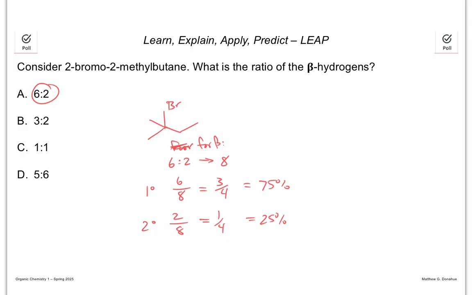Statistically, 75% of those protons are primary, 25% are secondary. Again, we can alter where the base is going to abstract by looking at the bulkiness of that base.